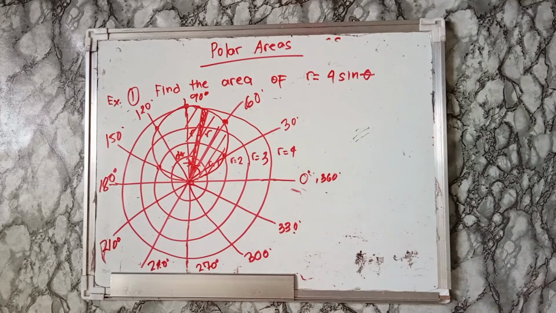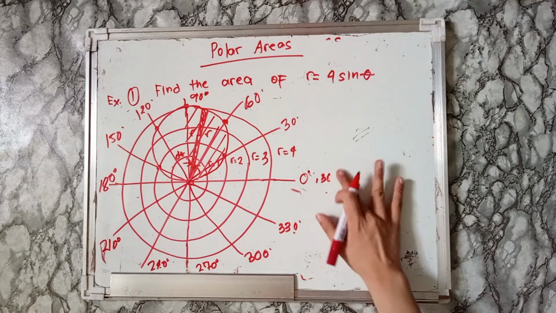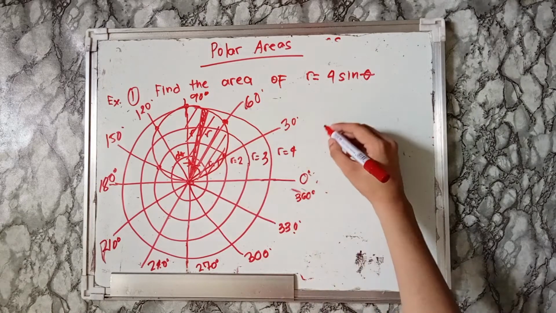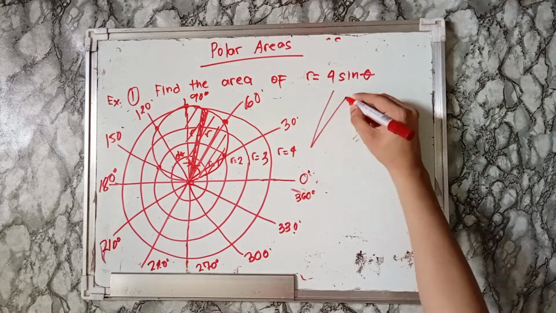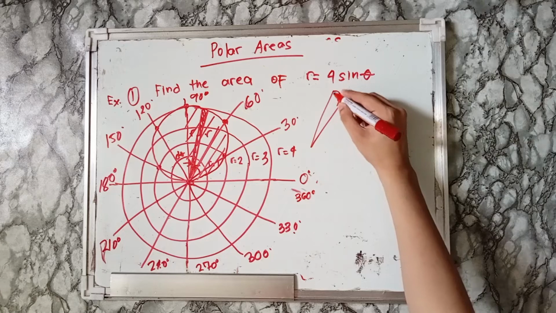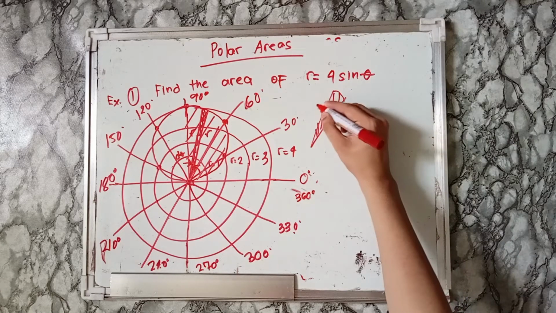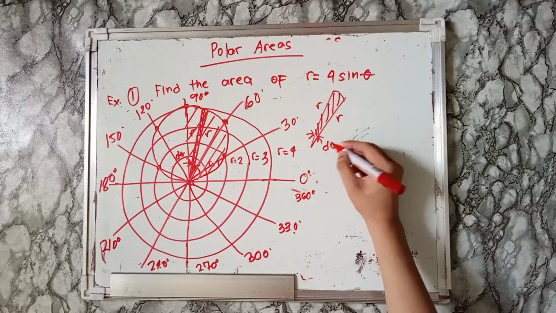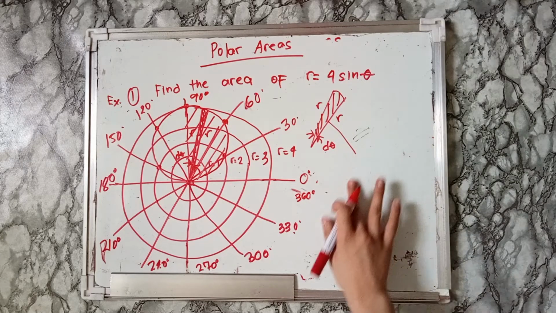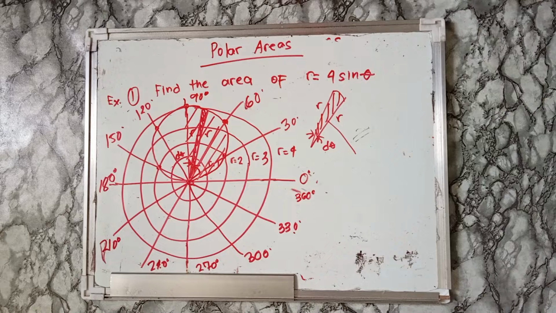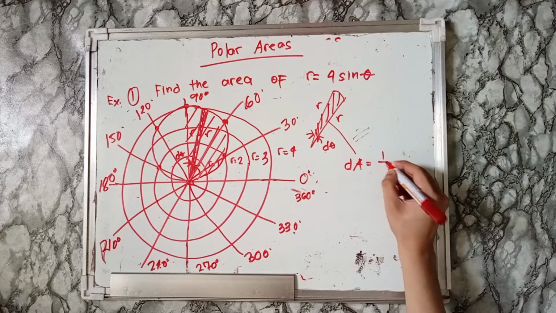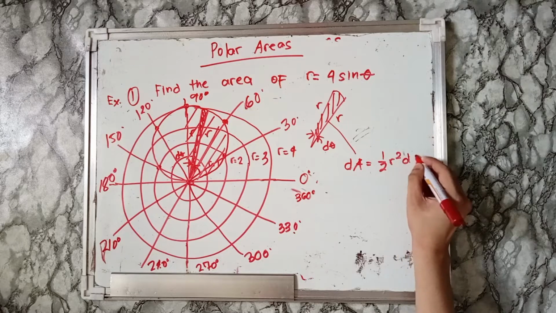I hope that it's clear. Now, if we take this out, it's somewhat like this, right? This is d theta. Now, in order to find this, it is just the differential area of 1/2 r squared d theta, right?